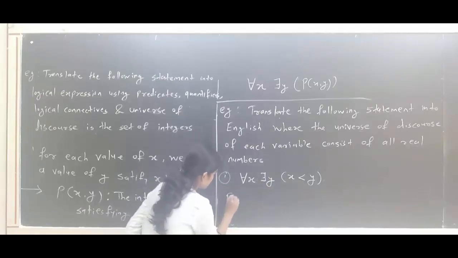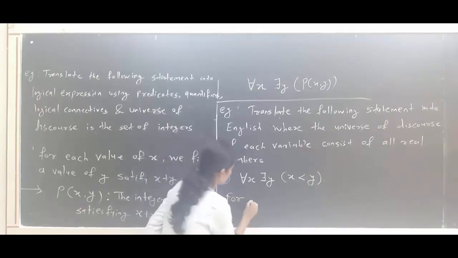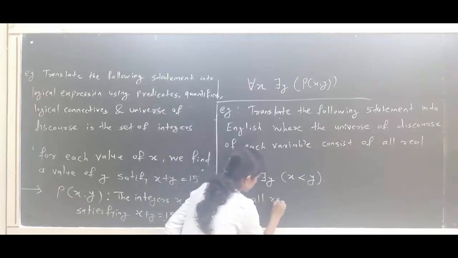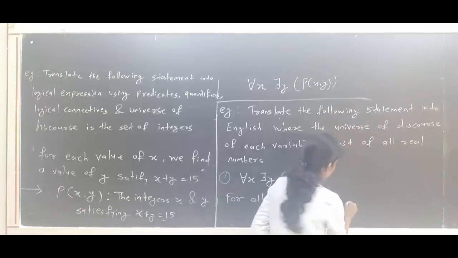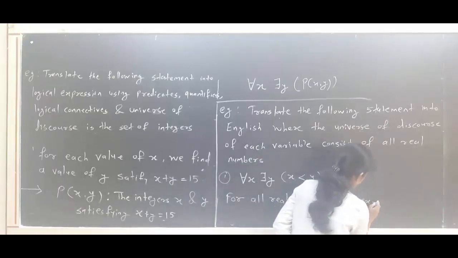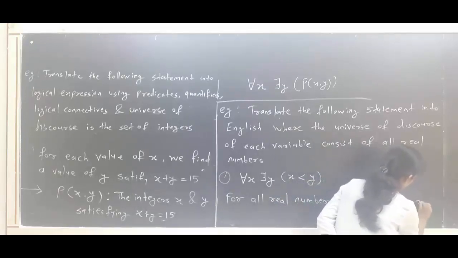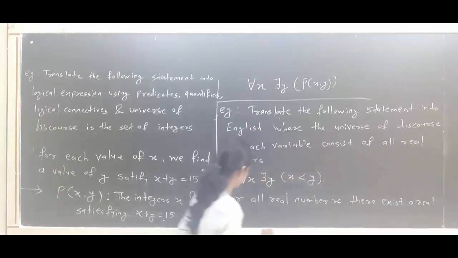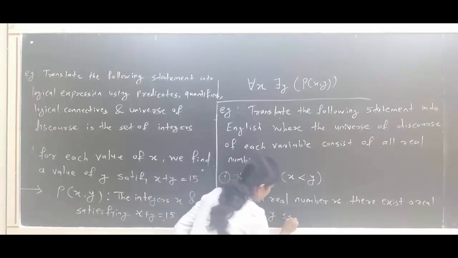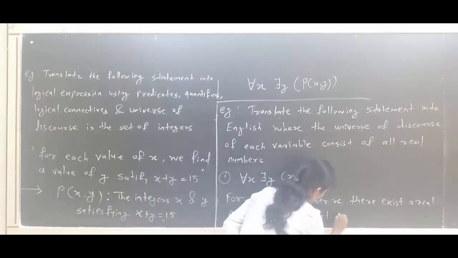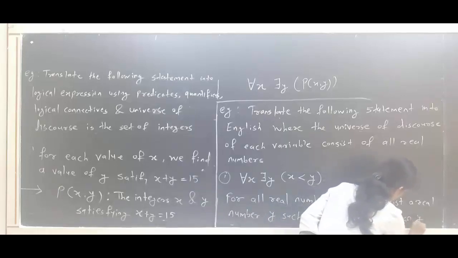So statement is for all x or for every x. Okay, so for all real numbers x there exists a real number y such that x is less than y.